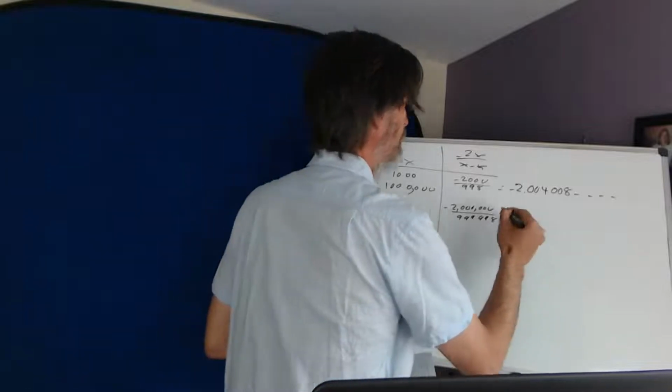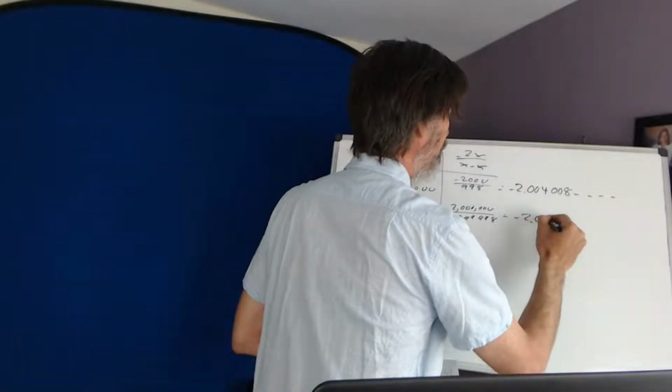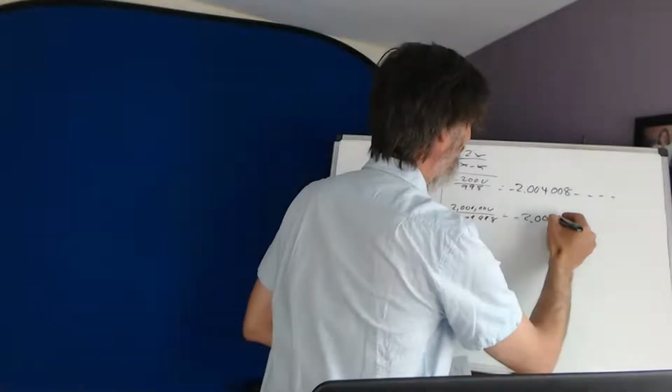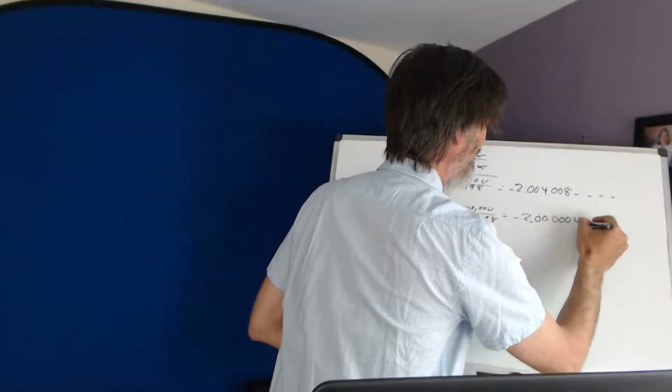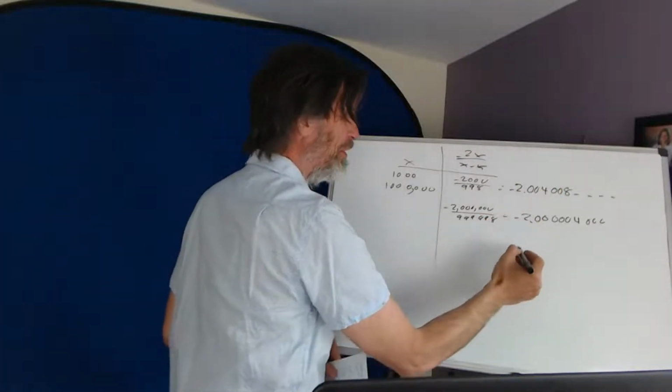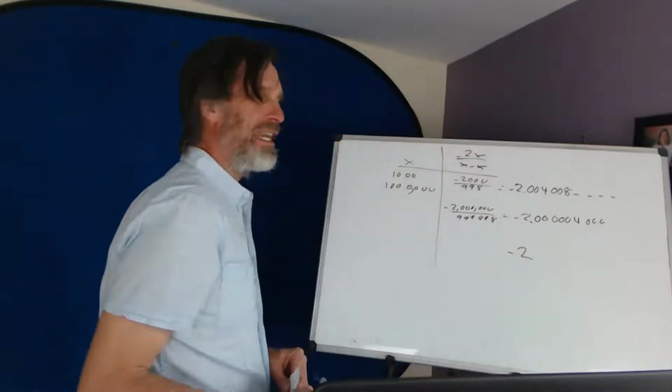Yeah, negative 2.00, how many zeros are there? 1, 2, 3, 4, 5, 6. So this is really close to negative 2. This is even closer to negative 2. That's going to negative 2.